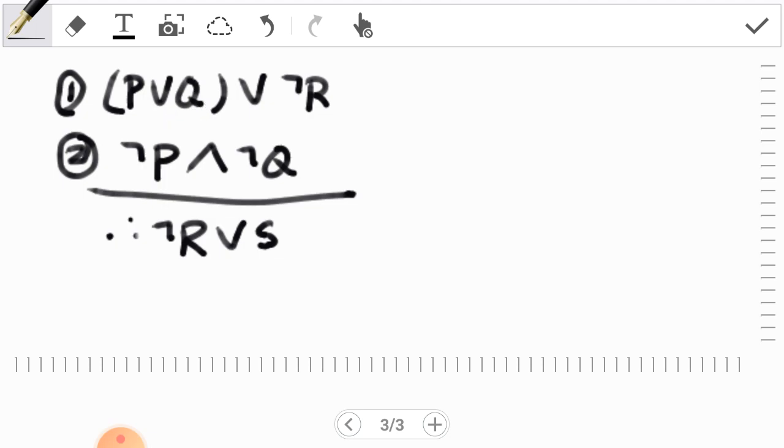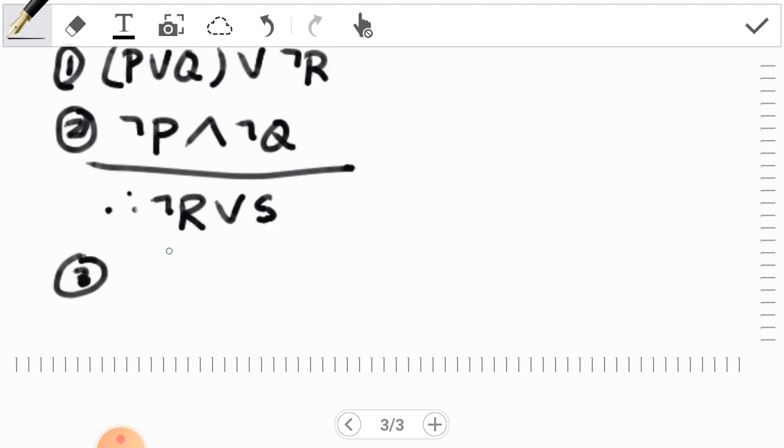So how do we do that? So what we have here is P or Q. The second proposition, we have not P and not Q. So I guess we can use De Morgan's in premise number 2. And if we will apply De Morgan's in premise number 2, that becomes not of the quantity P or Q. Our AND becomes an OR.